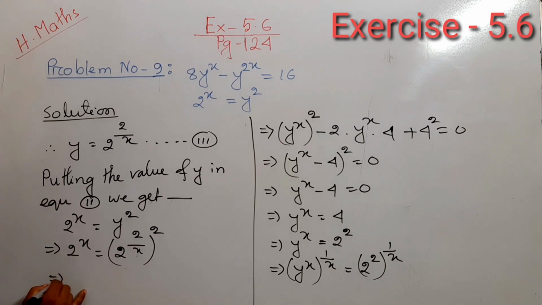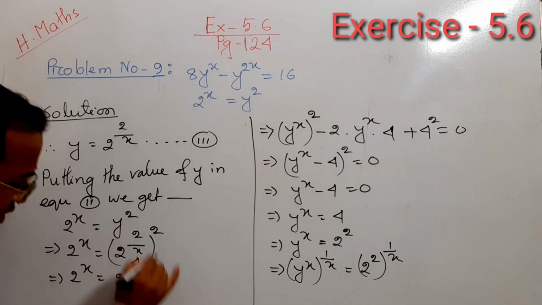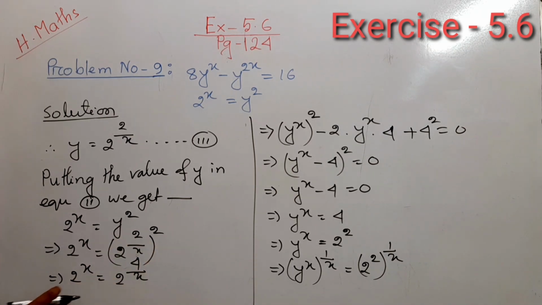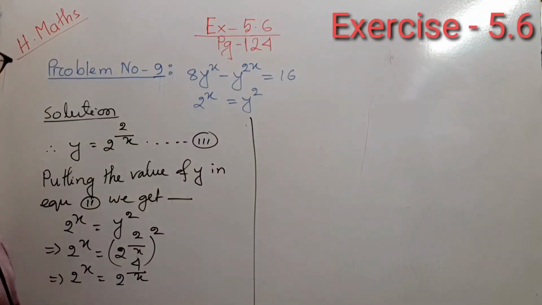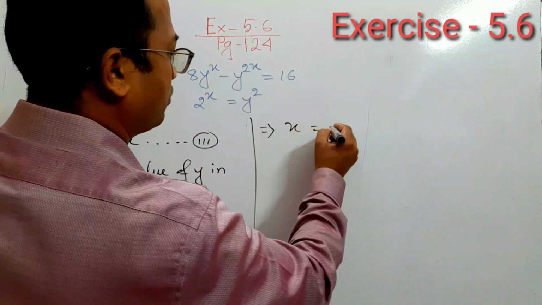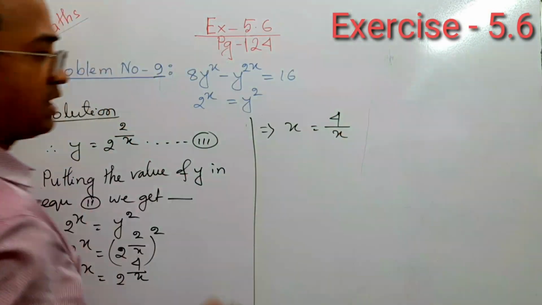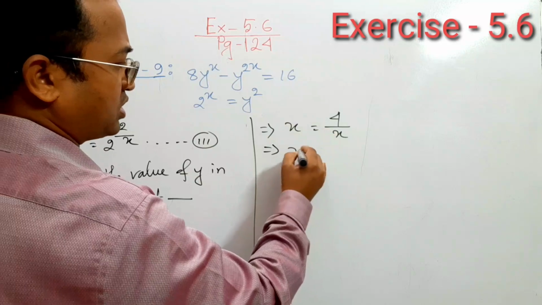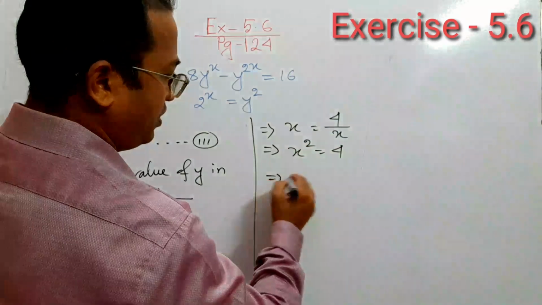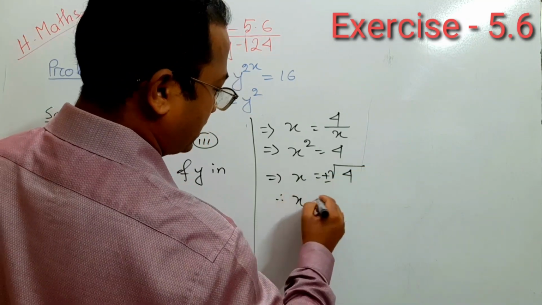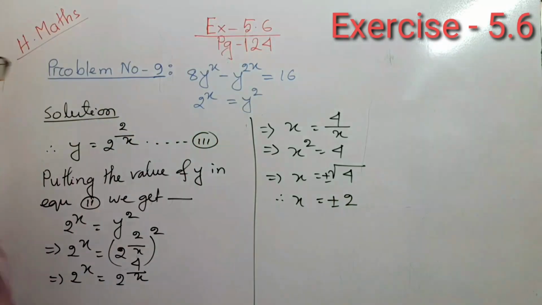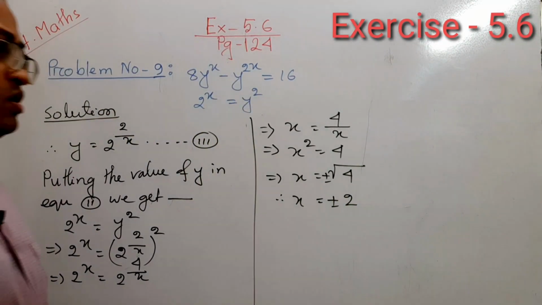Now if you multiply the powers, it will be 2 to the power 4 by x. So look, the bases are equal, so we can write the powers are also equal, that is x equal to 4 by x. If we cross multiply, x square equal to 4, x equal to plus minus root 4, therefore x equal to plus minus 2. So we got the value of x, that is plus minus 2.